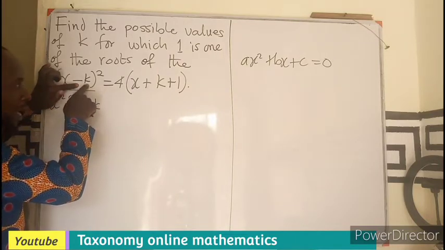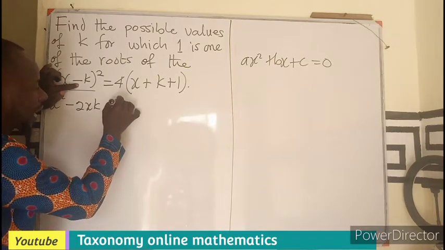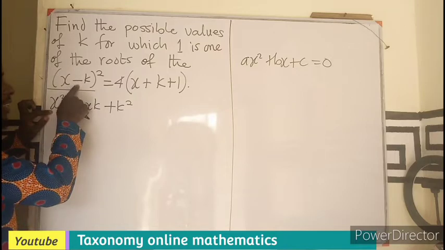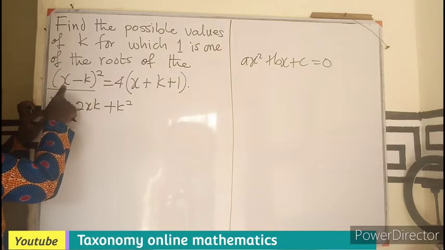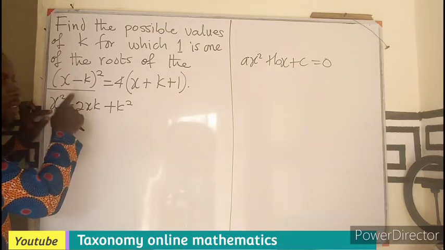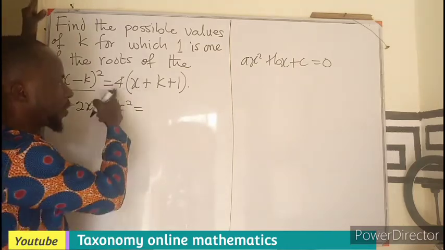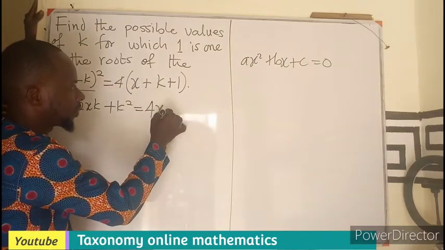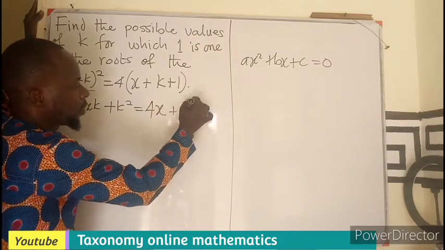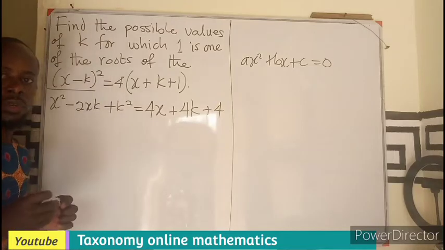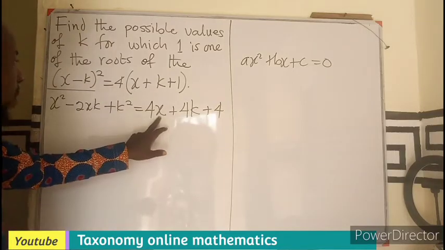The square of minus k will become plus k squared. So to get this: square the first, twice their product, square the last. Expanding this bracket will give us 4x plus 4k plus 4.